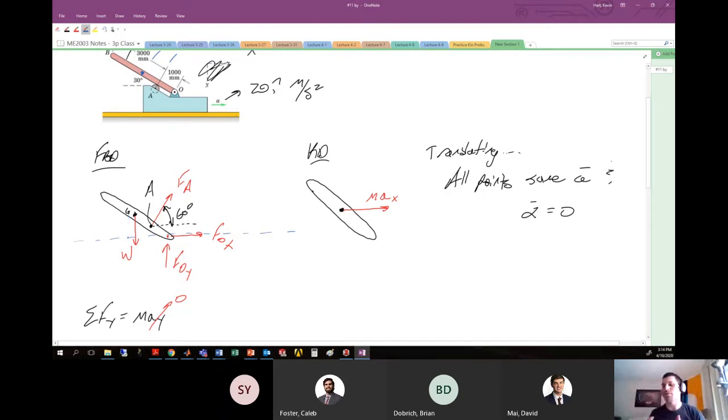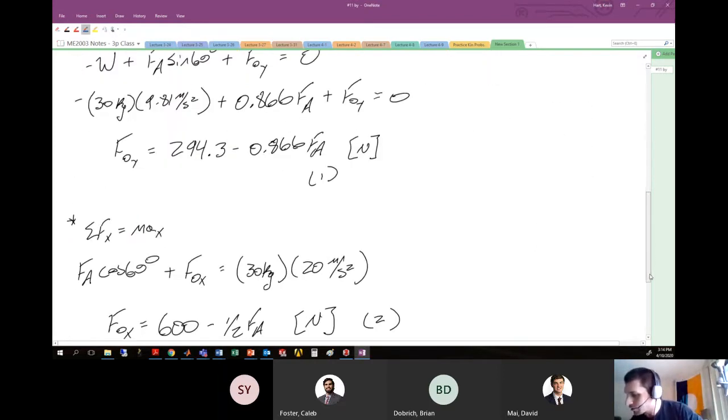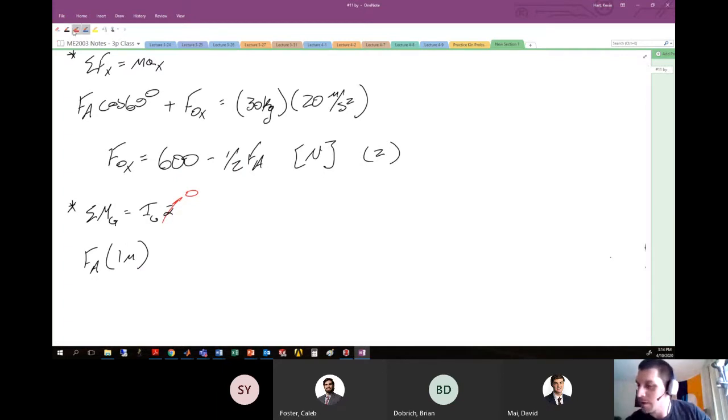I want to resolve that moment arm into the contribution perpendicular to the line of action of the force. So the contribution from FOX is positive: plus FOX multiplied by the moment arm, which we account for with trigonometry. Here's that total length, 2 meters, times the sine of 30 degrees.